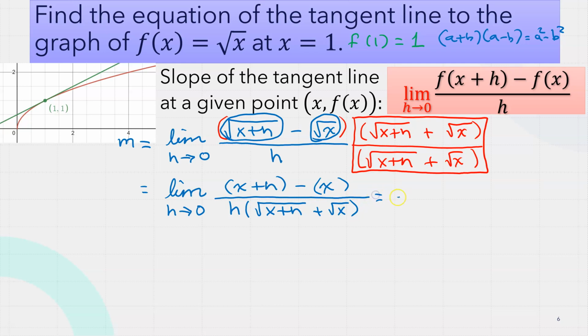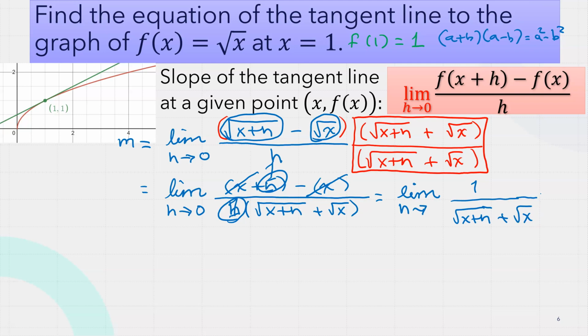The numerator will simplify to be just h. And then h divided by h is 1. So this is just 1 over square root of x plus h plus square root of x.